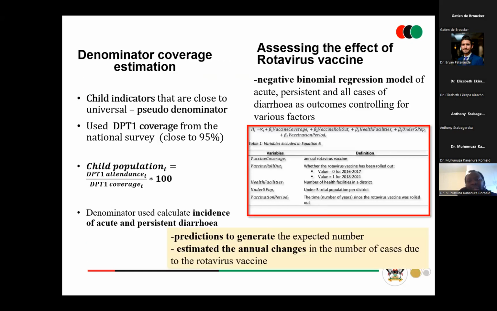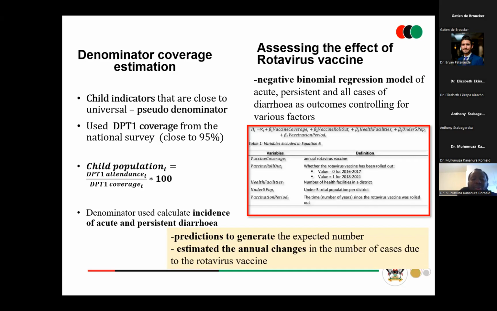And we, of course, know there are usually challenges of getting the denominator when using facility data, but also when linking this to other available datasets. So for our estimates of the denominator, we use an indicator that we know is closer to universal, and one of them is DPT1, which is estimated at 95% in Uganda.